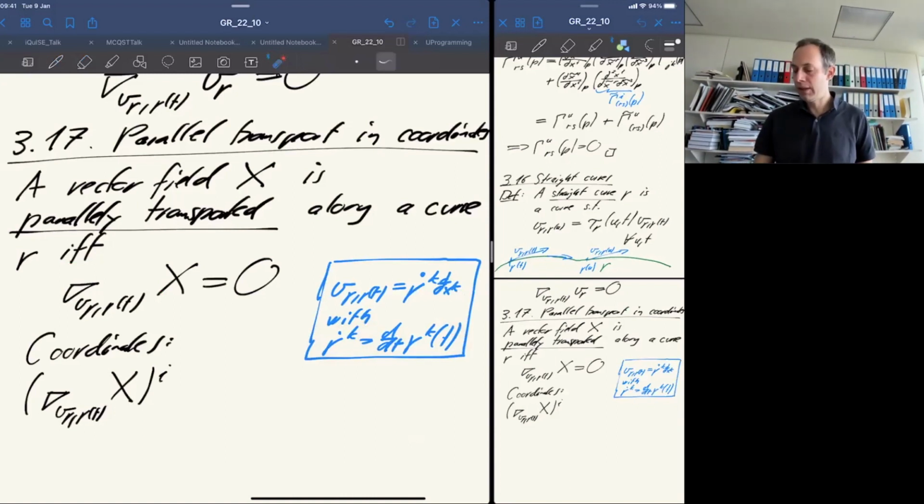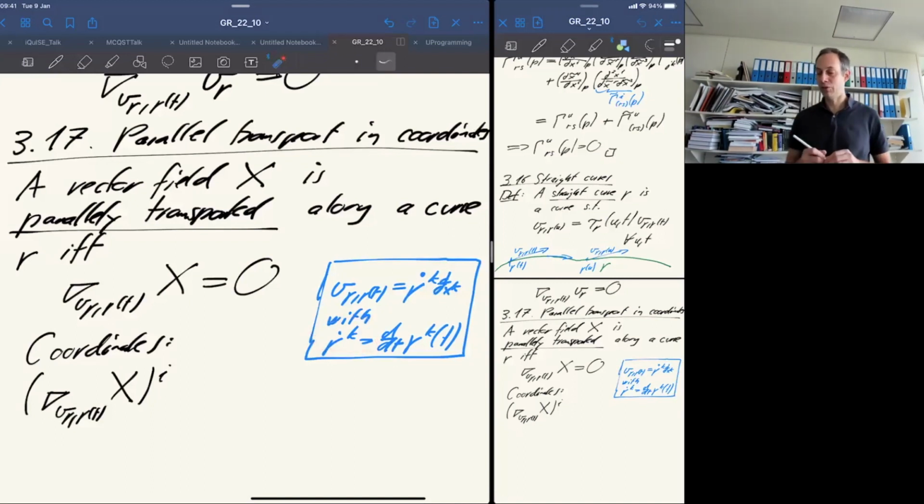So I look at the time change of the k-th coordinate. And now the point is that the direction vector in components has coefficients which are exactly these time derivatives, and these are the basis vectors.